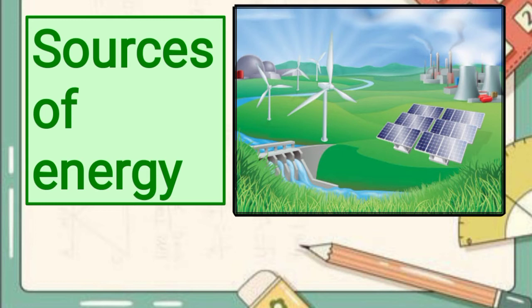Moving air is called wind, and any object that is moving has energy in it. The energy of the wind can turn windmills, which in turn can move turbines, and the movement of turbines helps to produce electrical energy.